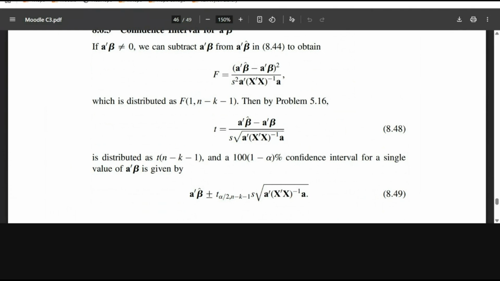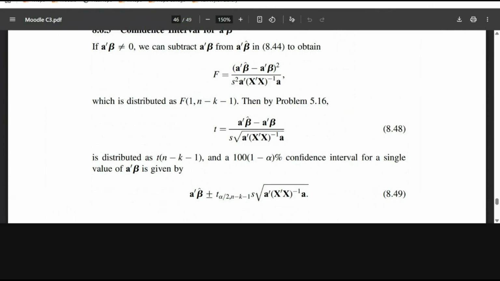If I chose this vector carefully, in fact, I'm going to ask you now, what should I choose A prime to be so that I can test this? If I choose, in an SLR context, my A prime to be what, I will be able to test this hypothesis, that the slope is 0?